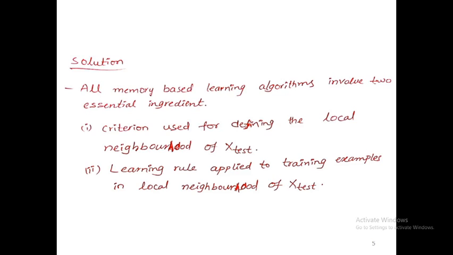The second one is the learning rule applied to training examples in the local neighborhood of the x test. Even though it is a memory based learning rule, how do we identify that x test, based on what? That we will see in the further slides.